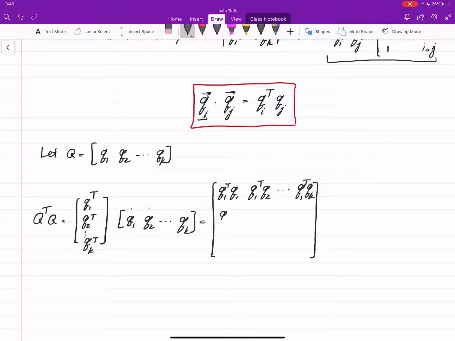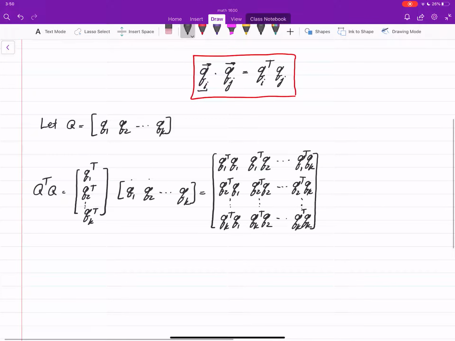Then the second row will be Q2 transpose Q1, Q2 transpose Q2, and it will go up to Q2 transpose Qk. And continuing this, Qk transpose Q1, Qk transpose Q2, up to Qk transpose Qk. You see that these are exactly the left-hand side of those conditions.